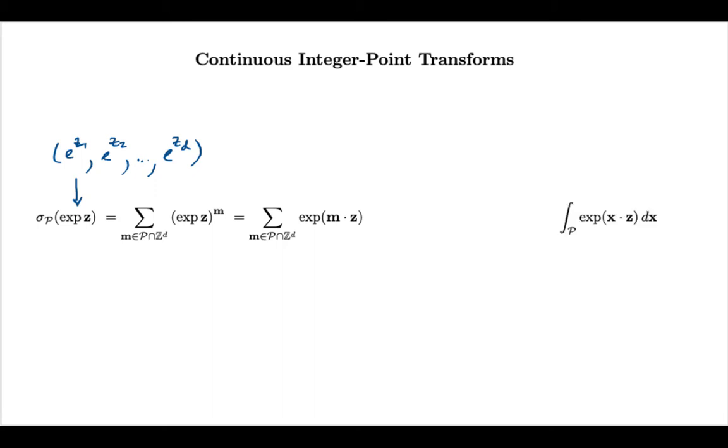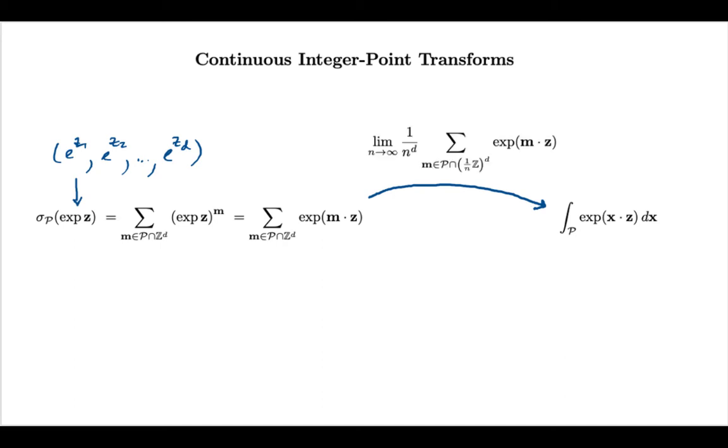So now we integrate over the exponential function of the dot product x dot z, and the integral is a multivariate integral in x. The connection from left to right is essentially given by the Riemann definition of an integral.